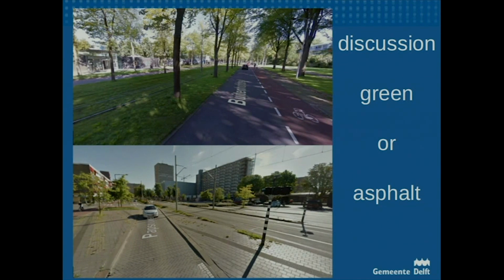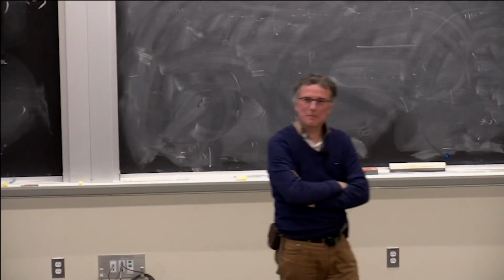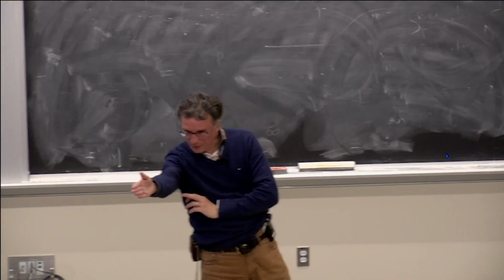I also have some discussions with my urban planners, and they love the light rail in the green grass in the middle. And my public transport colleague likes to have asphalt. What do you like? I'll pick you out.